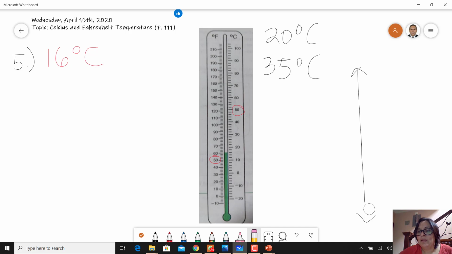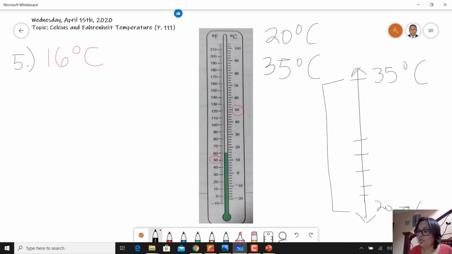So let's say that by here we have 20, 21, 22, 23, 24, 25, until 35. So what you have to do is to count how many degrees you have from 20 to 35, and you are going to write that in exercise 11.